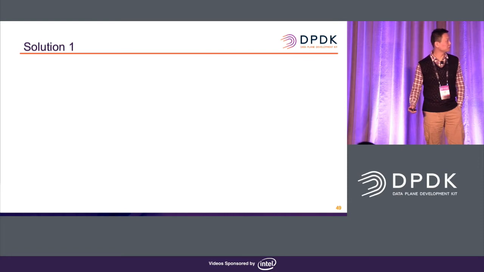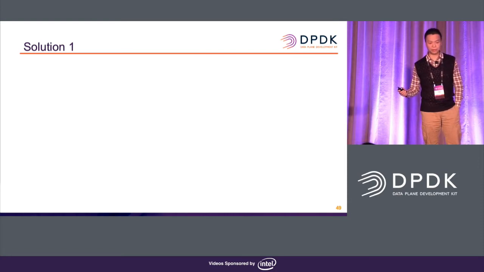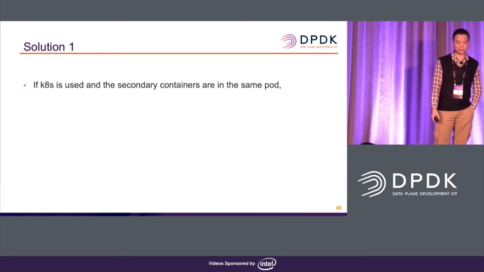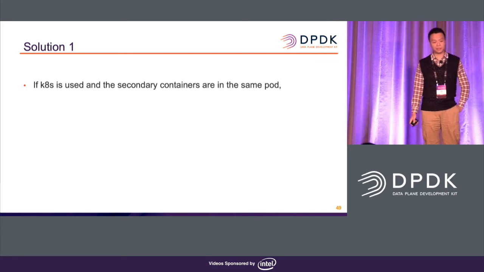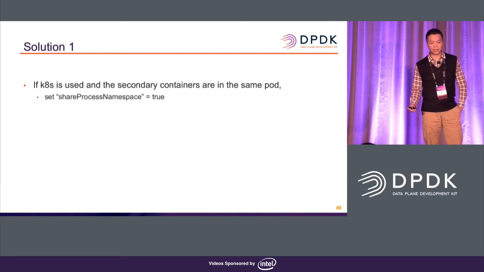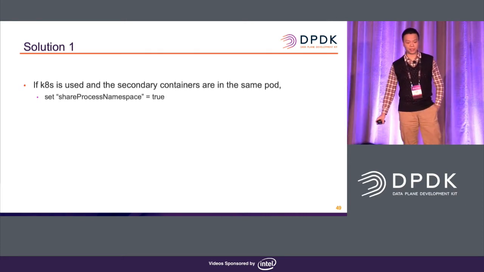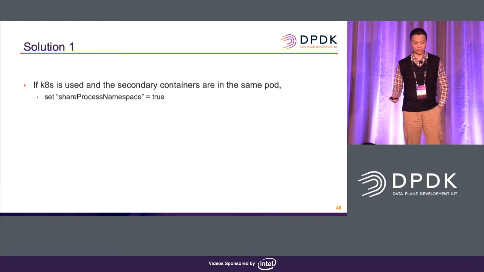And how to resolve this? We have 2 solutions. The first one is, if we use Kubernetes and C1 and C2, the secondary containers, are in the same pod, we can set a parameter named shareProcessNamespace to true.